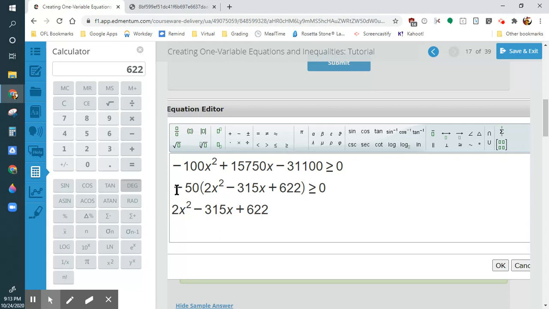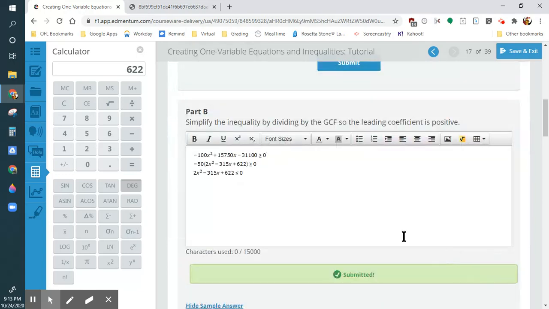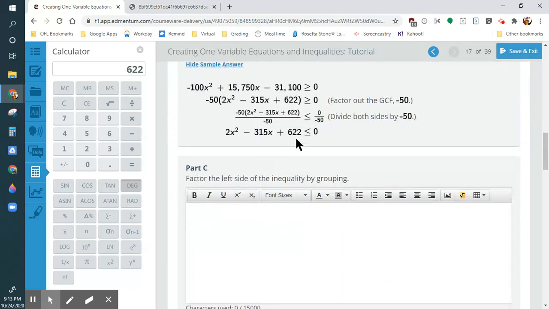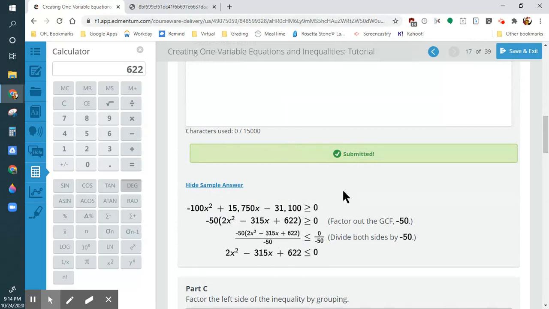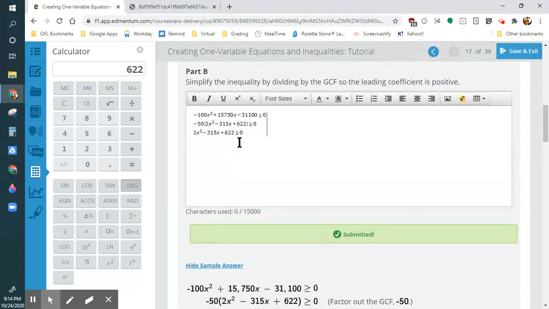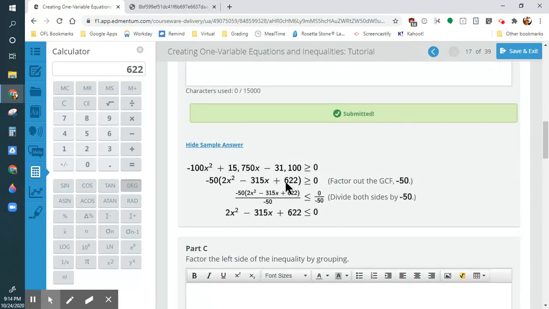Since we divided by a negative, we have to flip the sign to a less than or equal to sign, 0. We're dividing by negative 50, but that negative 50 there. So it's a good thing I saw that so I could fix my error there. So it's important that you guys don't copy this, but you can fix any of your mistakes or do anything in your own words.